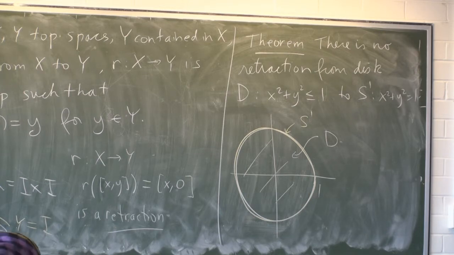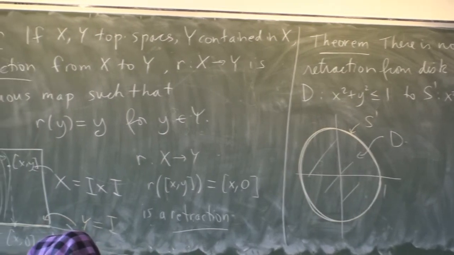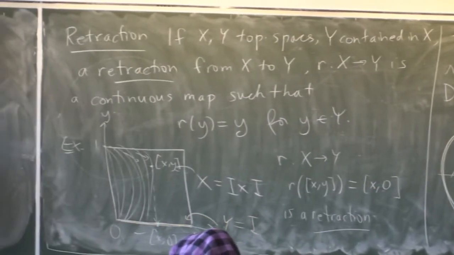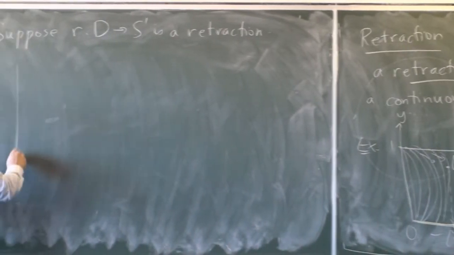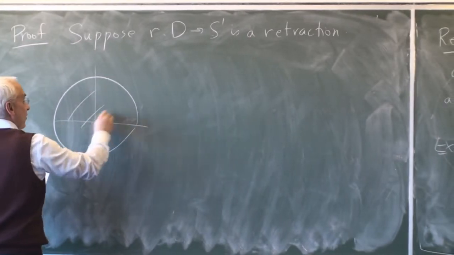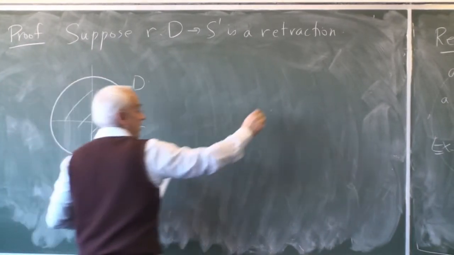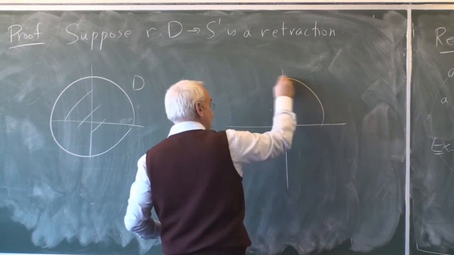Well, suppose that we did have a retraction. So suppose that R from D to S1 is a retraction. So I'm going to draw that by drawing the domain over here, this is our disk, and the image circle over here, although they're actually on the same page.